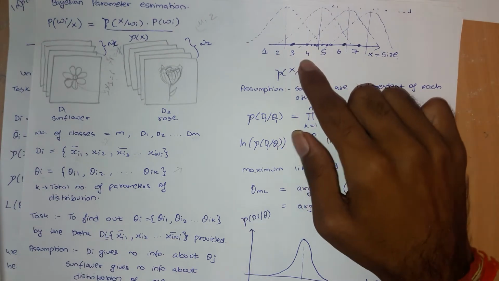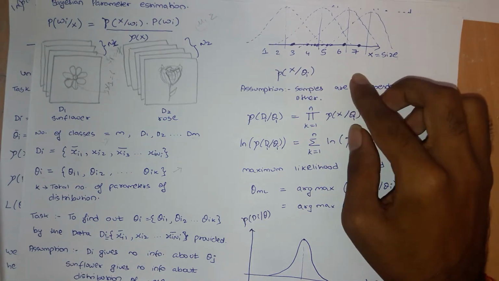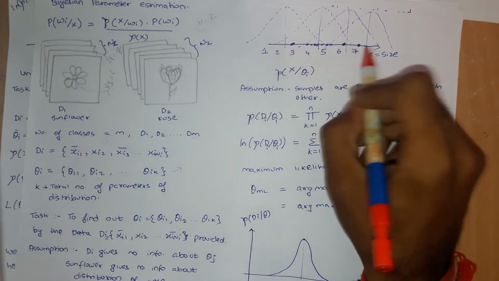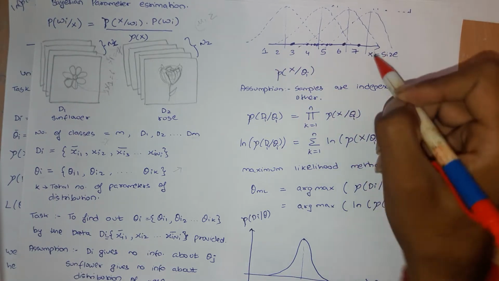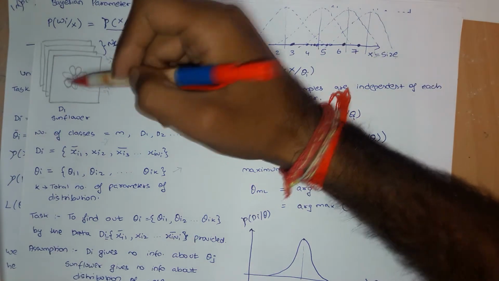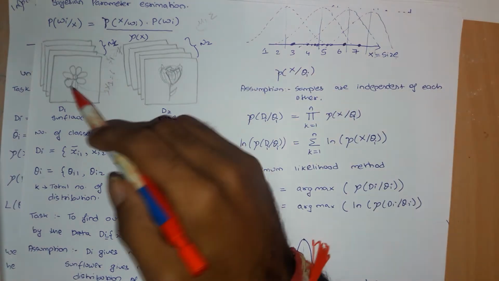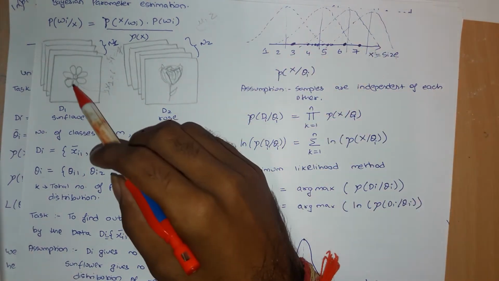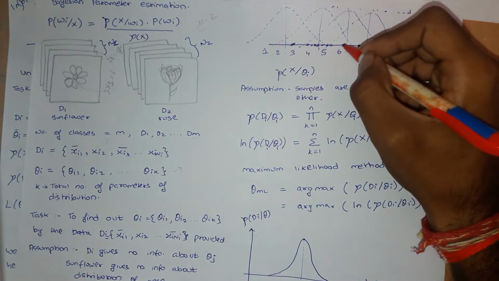Here we have this data. Let's say this is my x1, which is giving you the size. I'm plotting the size on this axis. Say first I got x1 equal to 6, so I've plotted that.